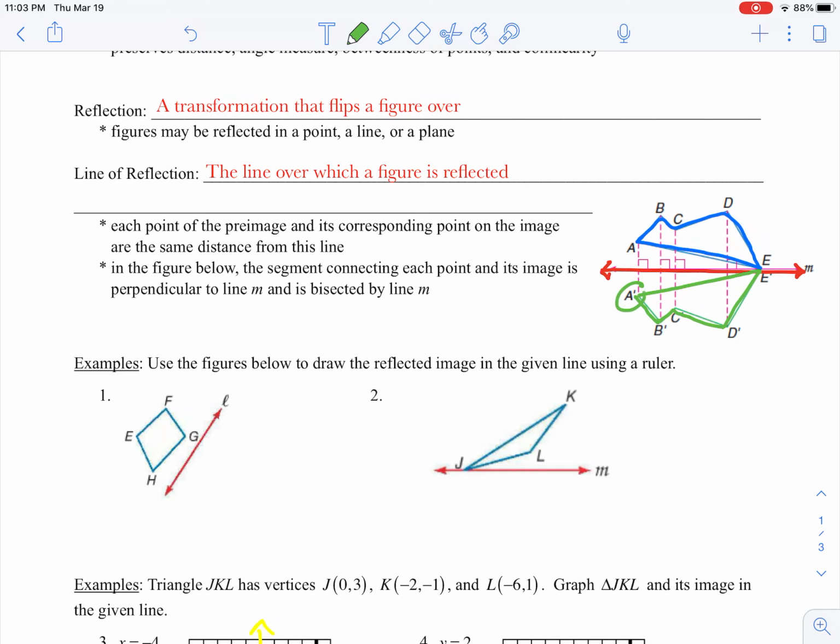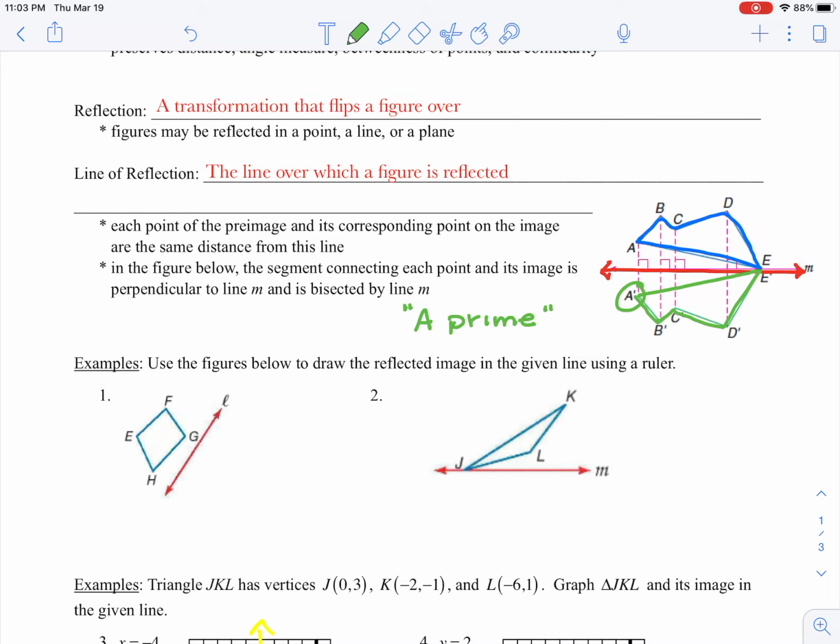When you look at each of these letters, next to them, they have something that looks sort of like an apostrophe, perhaps to the first power. But this is actually the way that we show where a point ends up once it's reflected. So something like A and that little line is actually called A prime. So when our pre-image is A, B, C, D, E, the image becomes A prime, B prime, C prime, D prime, E prime.